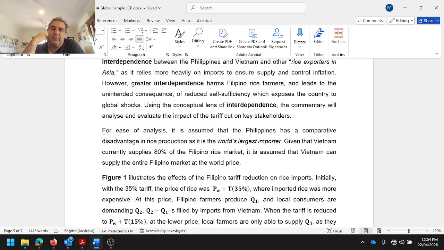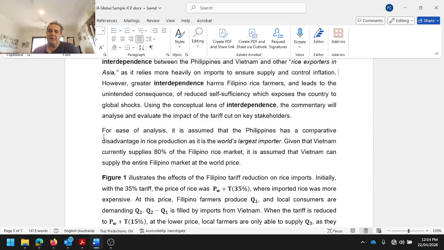So if you think back to your micro, a lot of you looked at the introduction of a tax to correct an externality. At that point, you may have made some kind of assumption about the elasticity of demand of the product. In this case, we're talking about the Philippines importing and being a significant importer of rice.